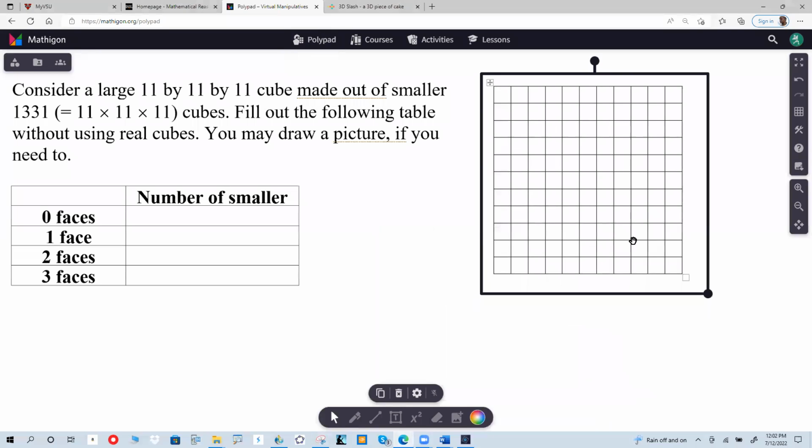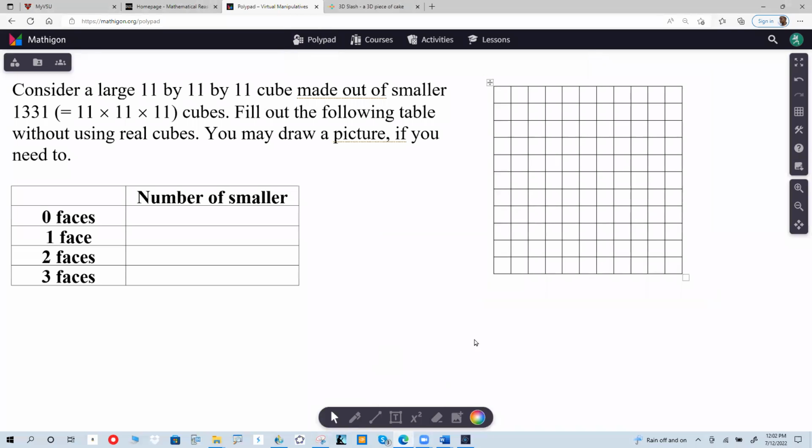Okay. So my one face showing cubes will be 81. It's your 11 minus 2 squared, 81.